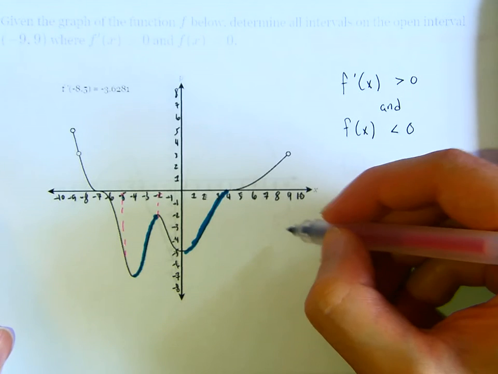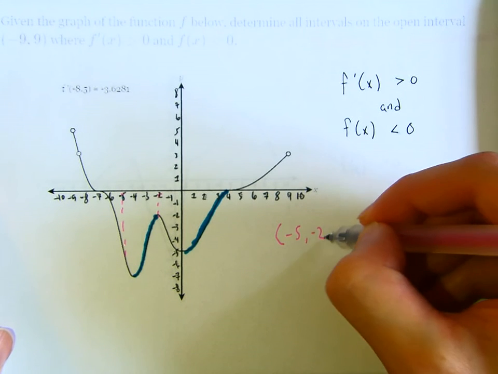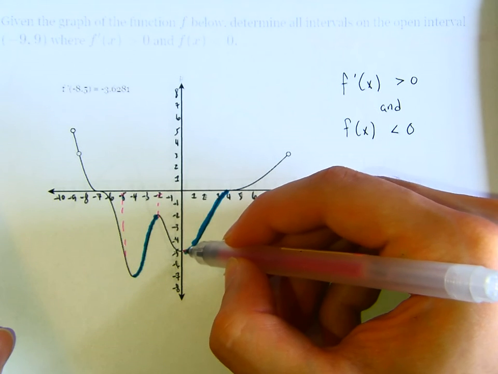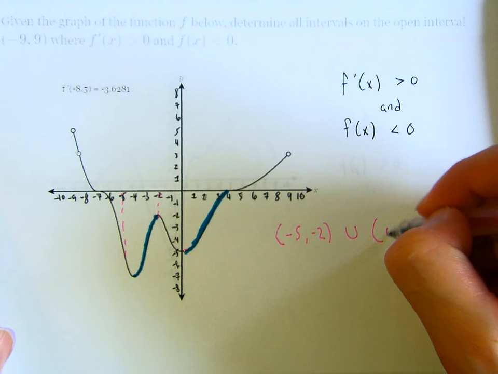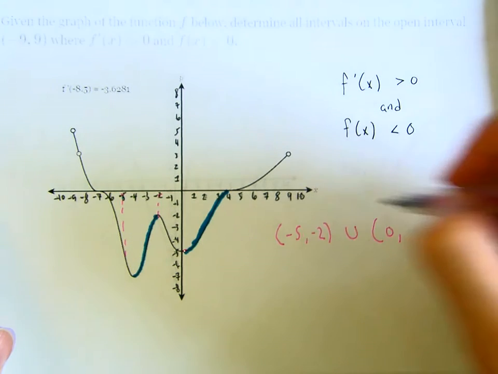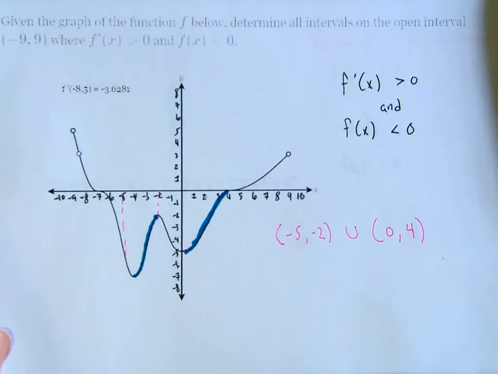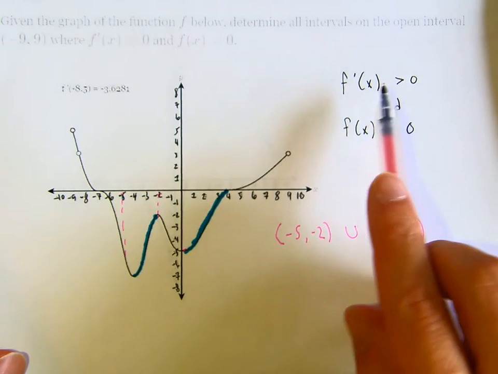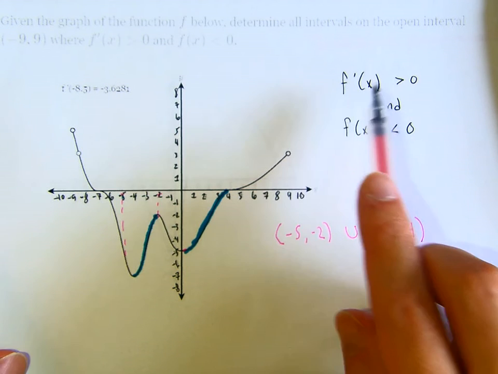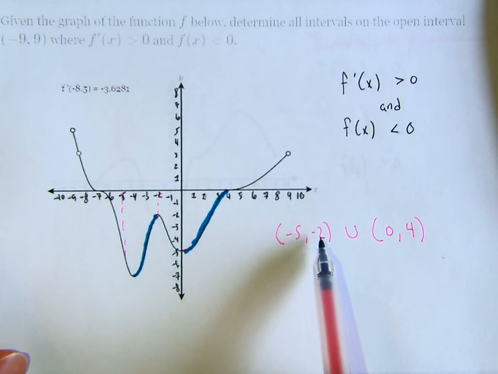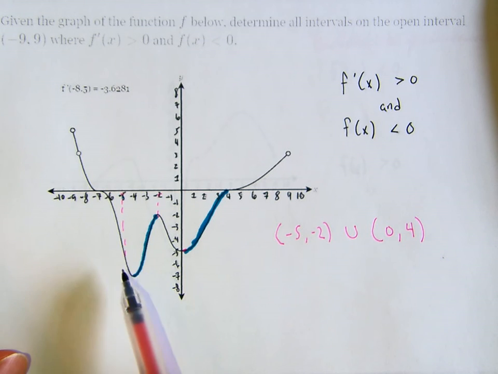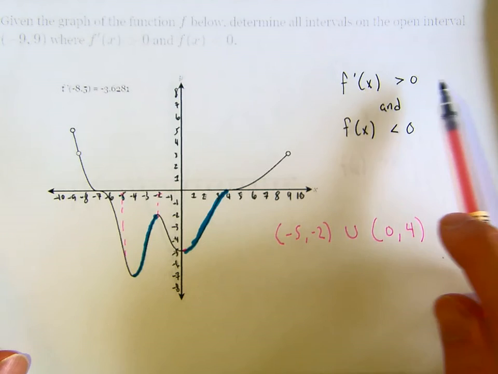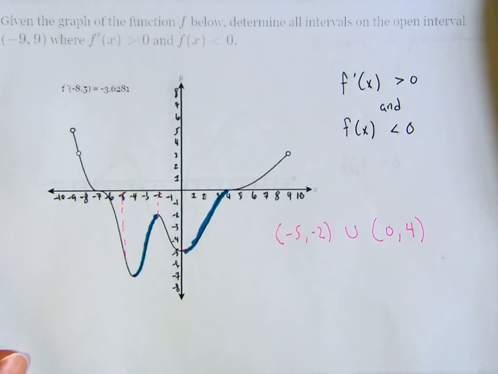So how do we write that? It's -5 to -2 union, what is this over here? Let's just say it's 0, right? 0 to, I guess, about 4. And that's it. This is the open interval, from -5 to -2 union 0 to 4. During these intervals, the tangent lines are positive and it's below the x-axis.